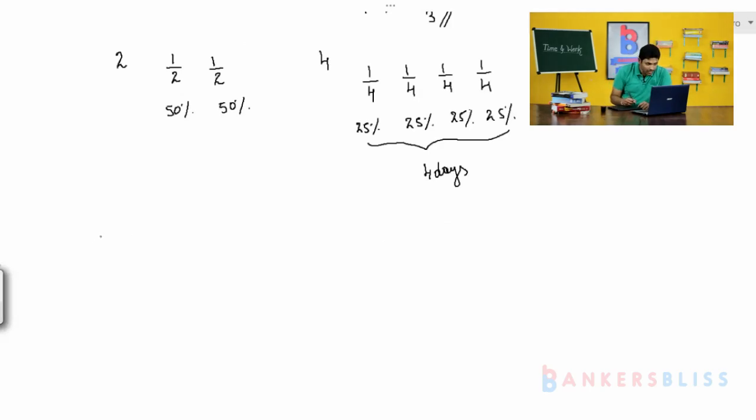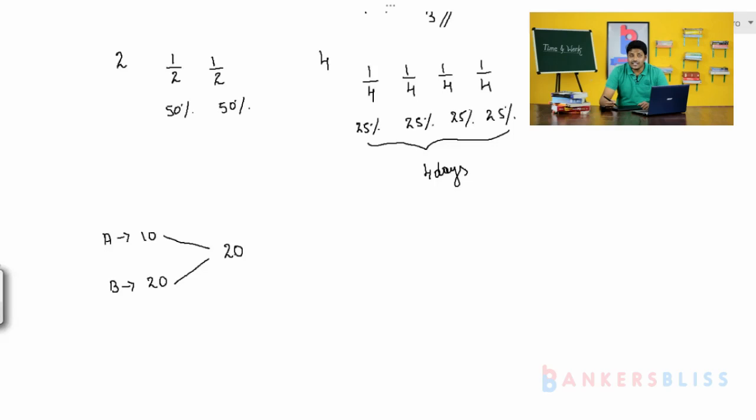See here, A is taking 10 days to complete the task and B is taking 20 days to complete the task. Then what is the LCM of 10 and 20? The LCM of 10 and 20 is 20.